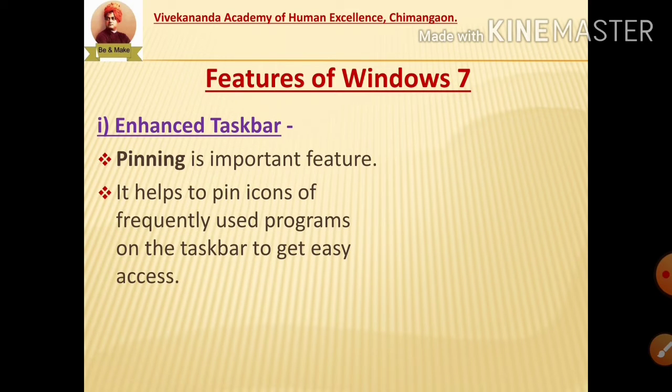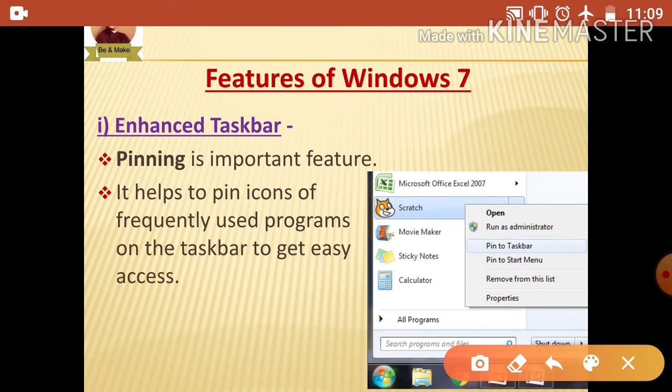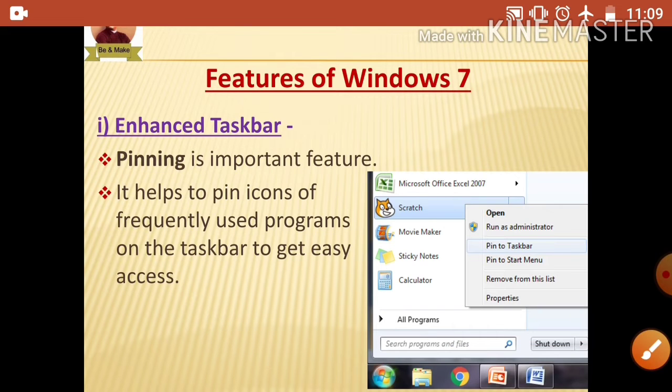This feature helps us to pin icons of frequently used programs on the taskbar to get easy access. Here the menu is shown. There are two different menus, pin to taskbar or pin to start menu. So here, as we are dealing with taskbar, the option available is pin to taskbar. Once we choose this option, the program will get added here on the taskbar.